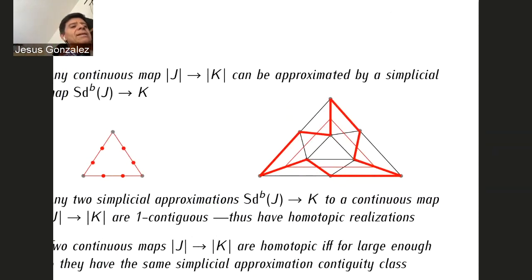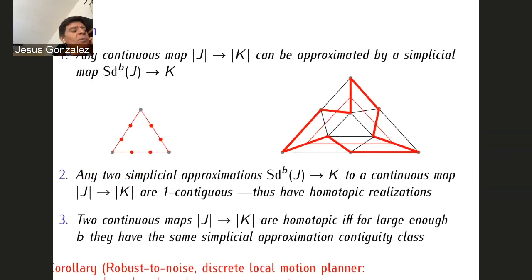Now, it's easy to describe different approximations, although not so easy if not on a blackboard. But the point is that any two approximations of this sort are contiguous in the sense that they also have the same property. Namely, they send simplices in the domain into simplices in the codomain which lie in a larger simplex.